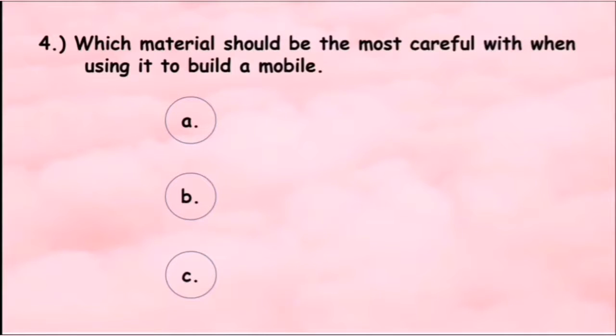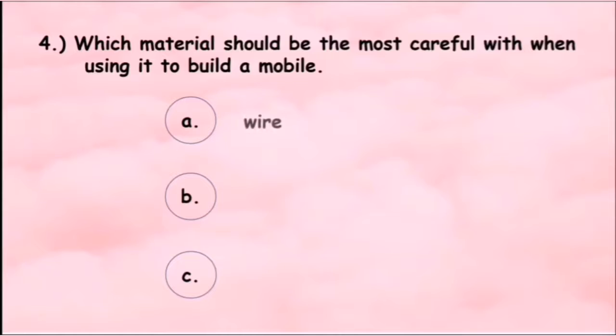Which material should be the most careful with when using it to build a mobile? Okay, so it says here, the most careful with. That means we have to be careful because it is dangerous. We might hurt ourselves when making our mobile. So we have to be careful.